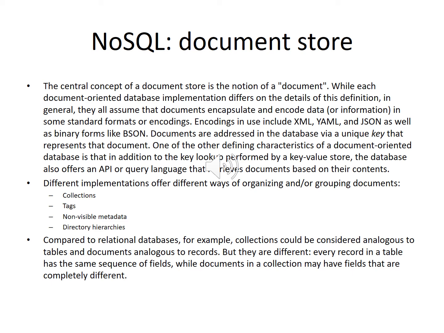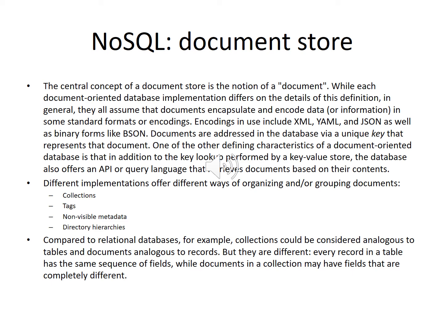While each document-oriented database implementation differs on the details of this definition, in general, they all assume that documents encapsulate and encode the data in some standard formats or encoding. That includes XML, YAML, or JSON, or the binary form BSON. Documents are addressed in the database via a unique key that represents that document.